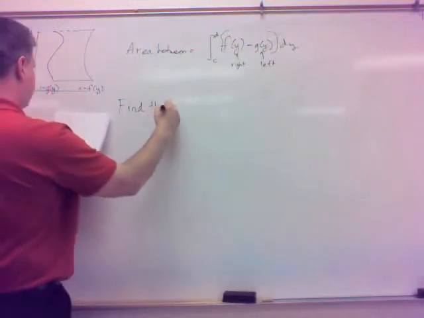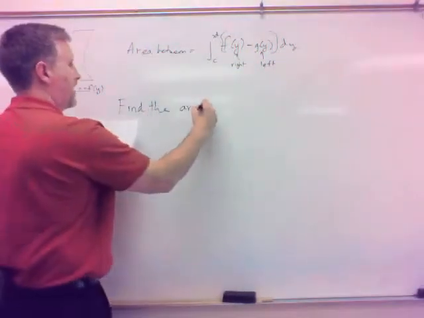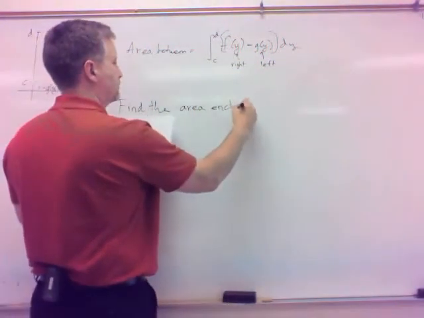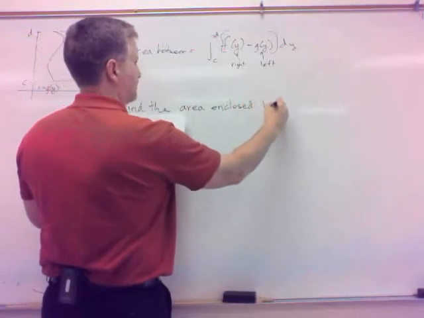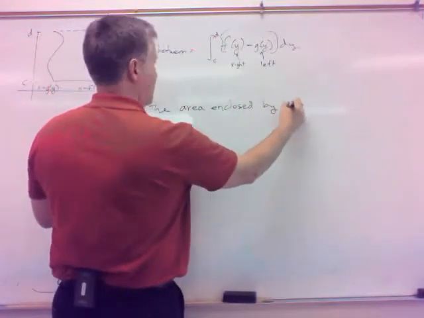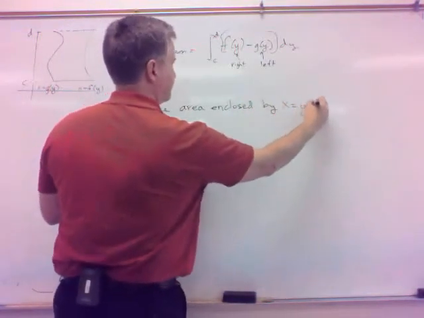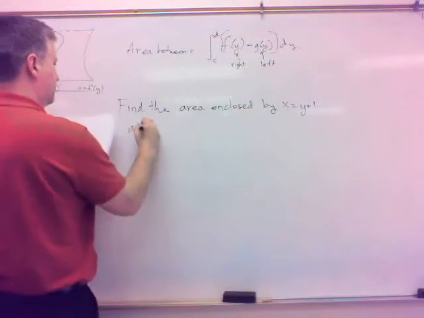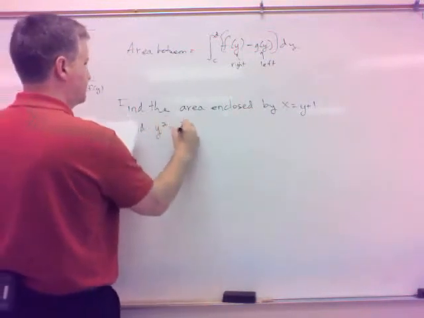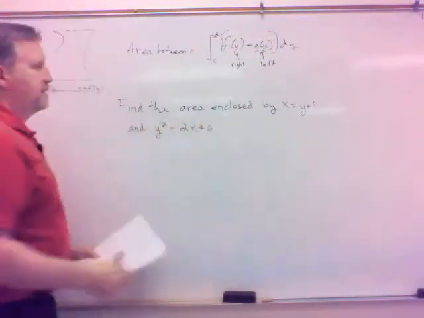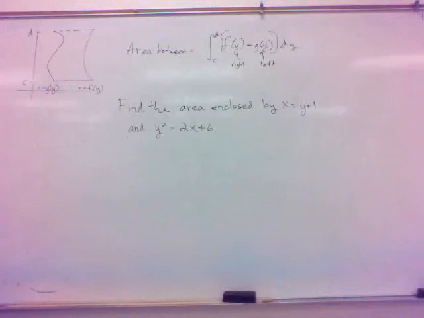Find the area enclosed by x equals y plus 1 and y squared equals 2x plus 6. And I'm probably phrasing this question this way because that's one of the problems in the book, the way they phrase it too, because there's a couple of things on this.